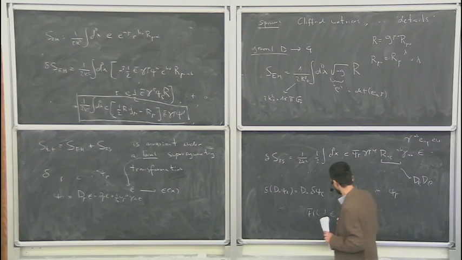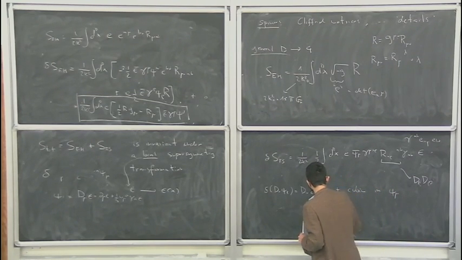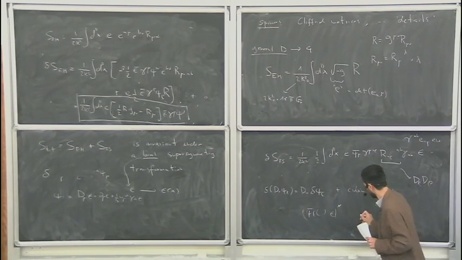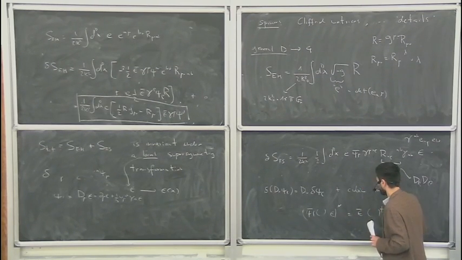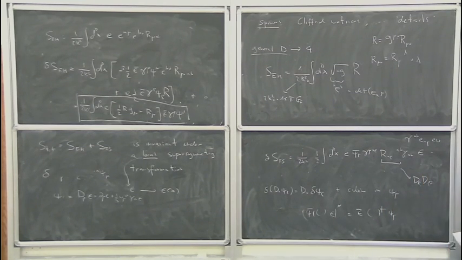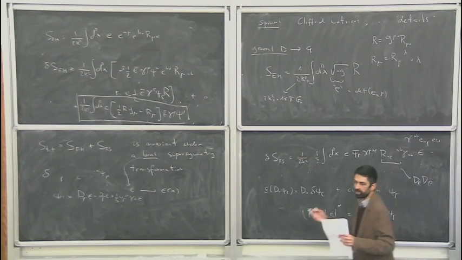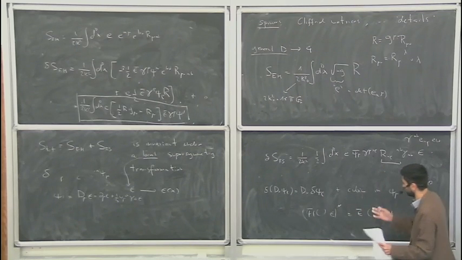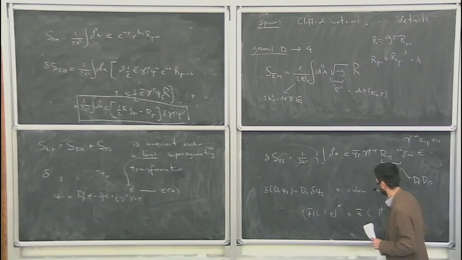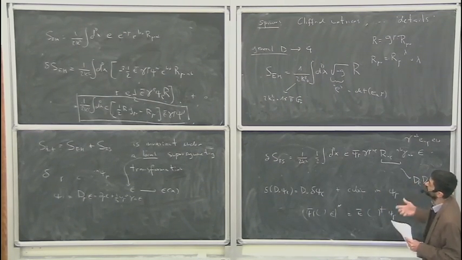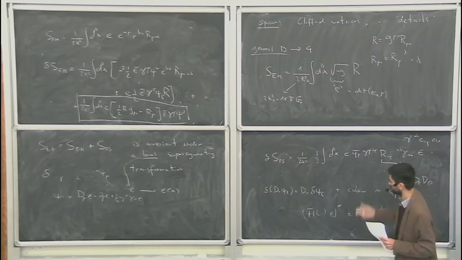Since it's a real thing, then you can take the star of everything, which is the same as the dagger of everything, which means that this is equal to epsilon bar something dagger psi mu. Otherwise, in general, you have to worry about this complex issue. But here, to simplify slightly the computations, I'm assuming that there is a Majorana condition.